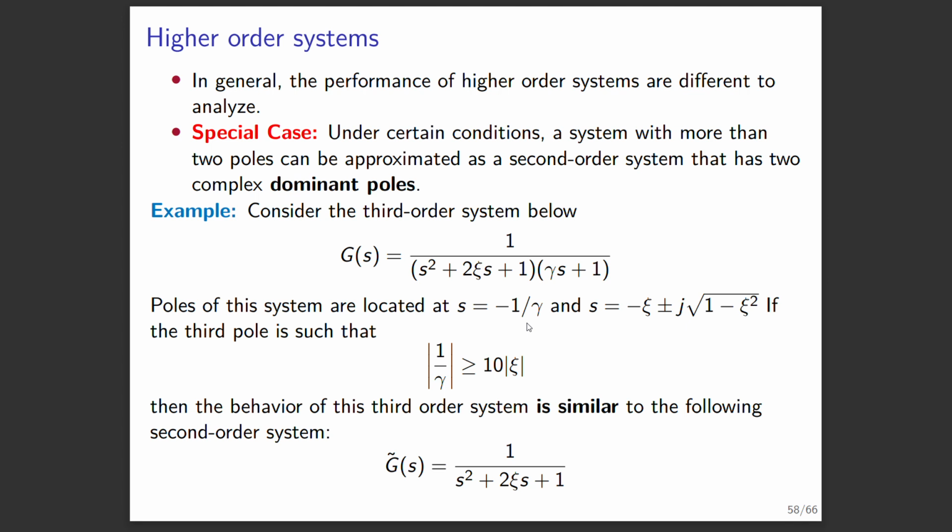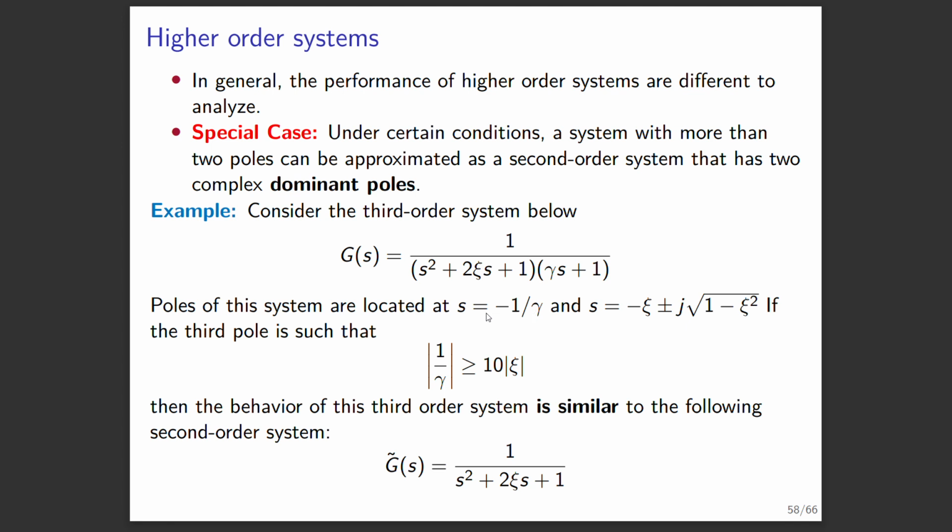Now, if the third pole is such that 1 over gamma is greater than 10 times the absolute value of ξc.